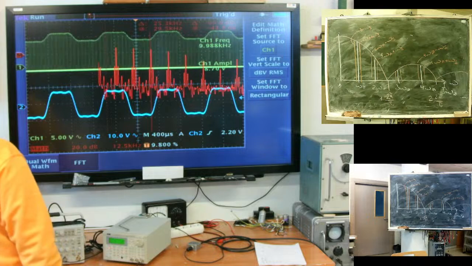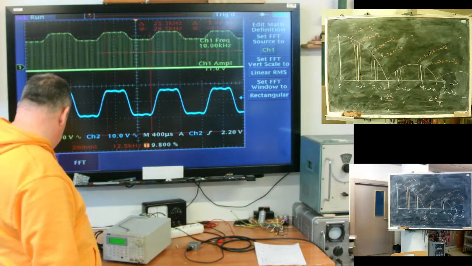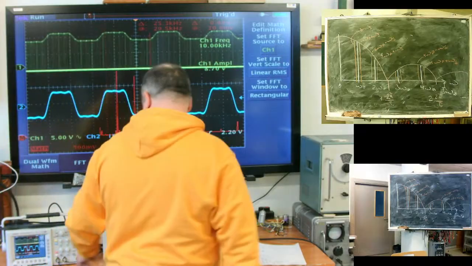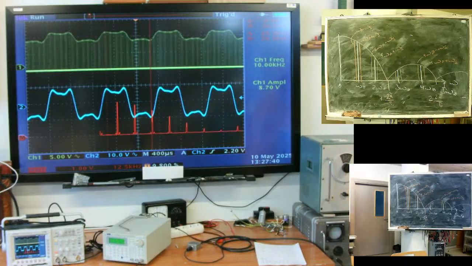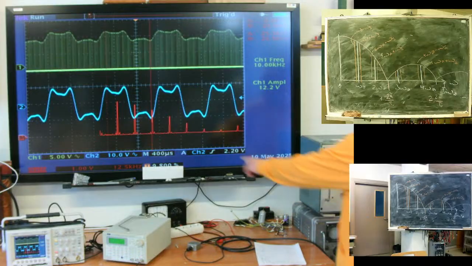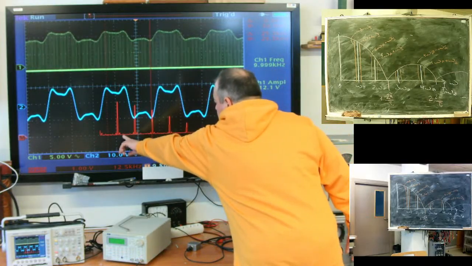Here, in logarithmic scale, they may be better visible. See? Third and fifth. First harmonic, here. First harmonic, third, fifth.